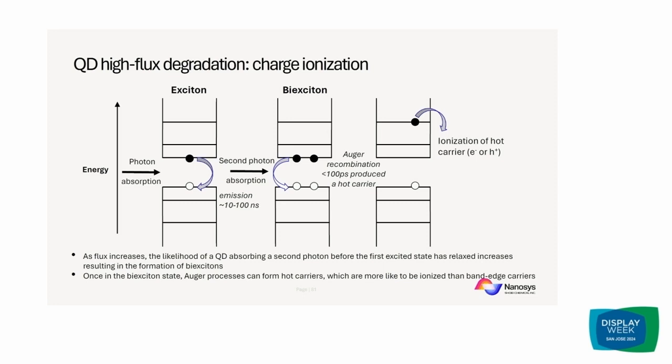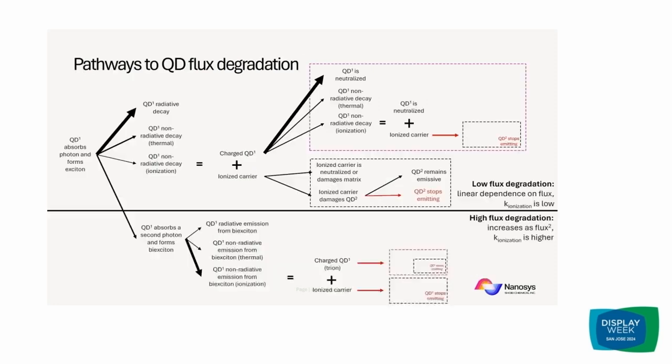And when it's in that very highly energetic state, it is more likely to become ionized. So the central problem to all of this is charges ionizing from the quantum dot. It's unlikely under low flux conditions, but suddenly when you introduce these super hot charges in your semiconductor, there are a lot more acceptor species out there in the world that could accept energy transfer and lead to carrier ionization. So this is a new consideration in designing our materials for this.